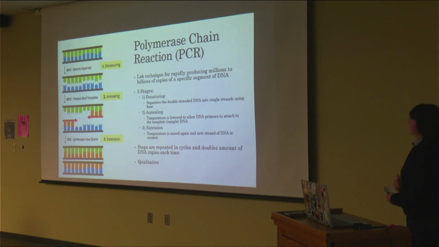And then we raise the heat again for our third stage, and our new strand of DNA is created in the extension stage. These steps are repeated in cycles, and it doubles the amount of DNA copies every time. For my reactions, we were doing about 40 to 50 cycles per run, so that's quite a bit of DNA.